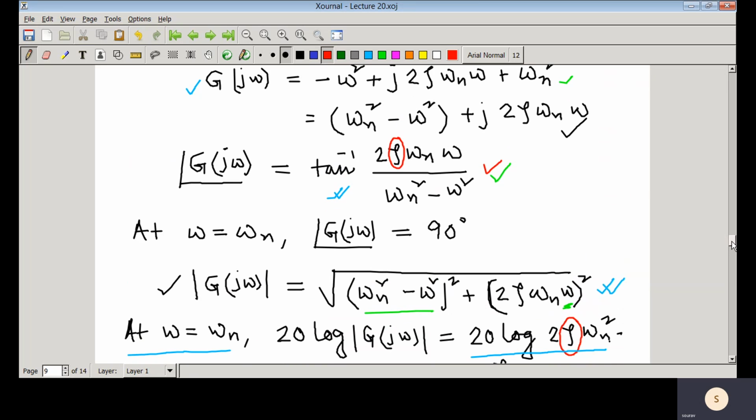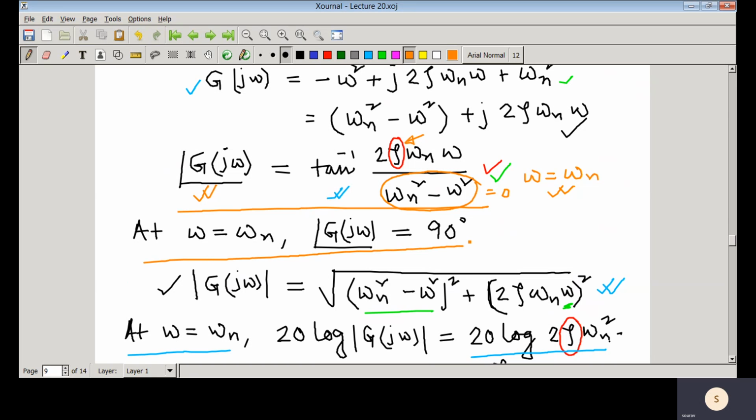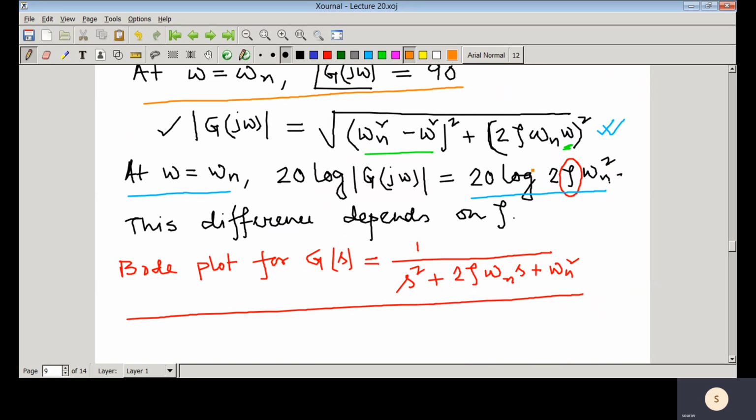Here I want to correct one thing: at omega equal to omega n, the angle does not depend on zeta, because it always becomes 90 degrees. Only the magnitude depends on zeta.